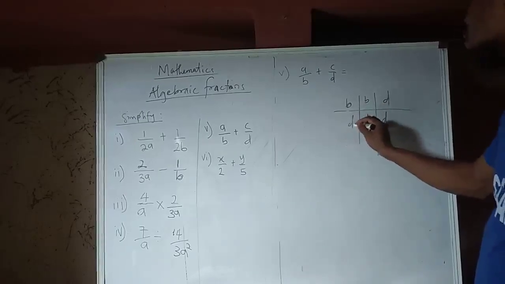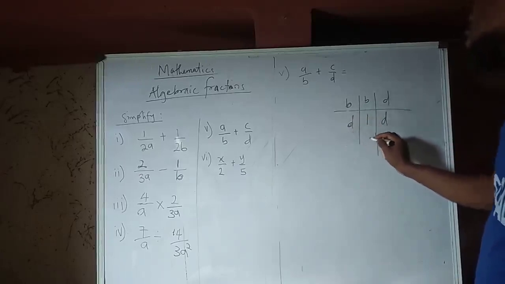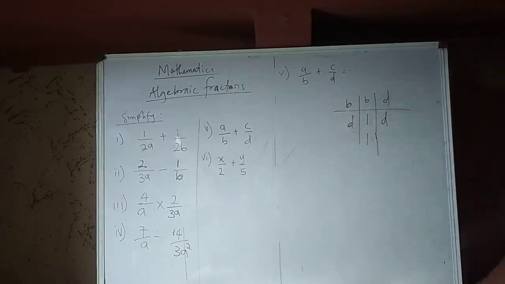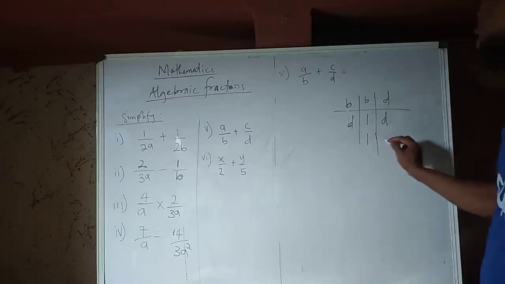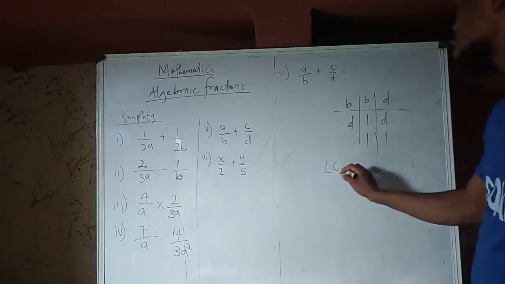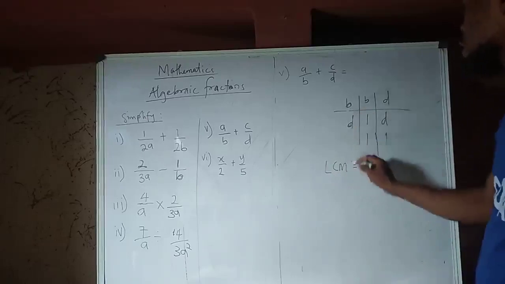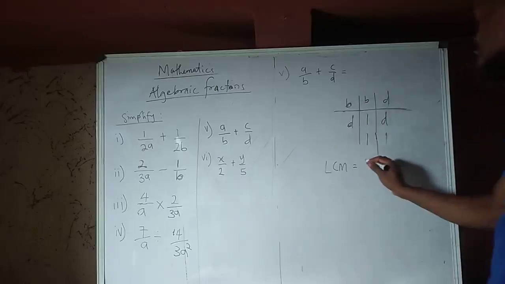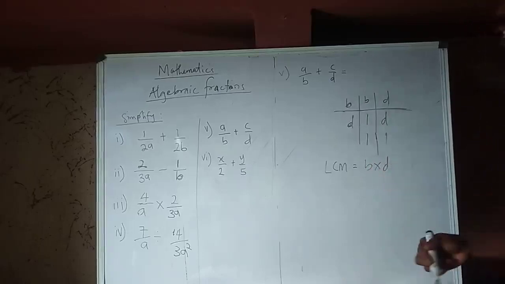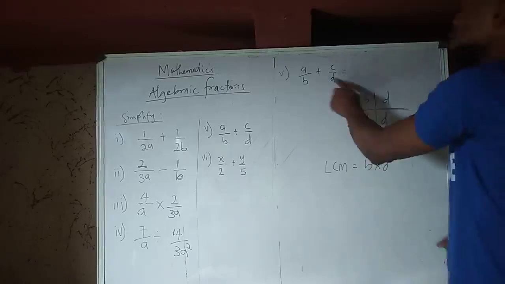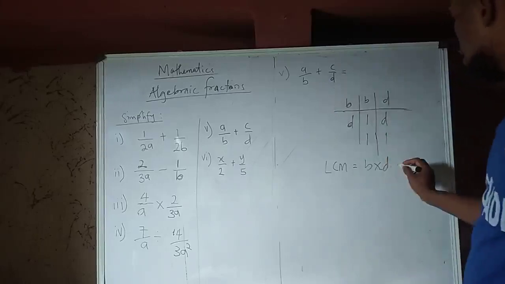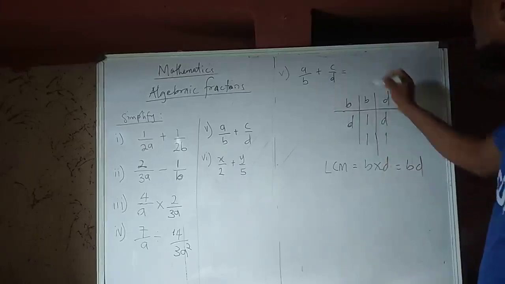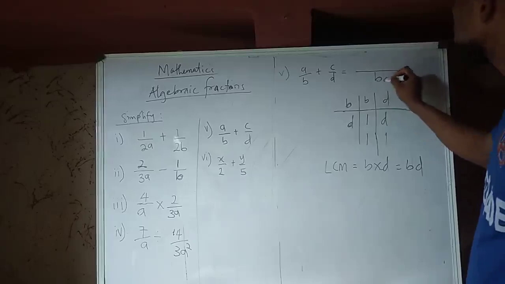Now we'll do d. 1 divided by d will still be 1 because we cannot get a whole number. It's going to remain as a fraction. So d divided by d, we get 1. So the LCM here is going to simply be b times d. So the LCM of b and d is b times d, which is bd. So the LCM here is bd.